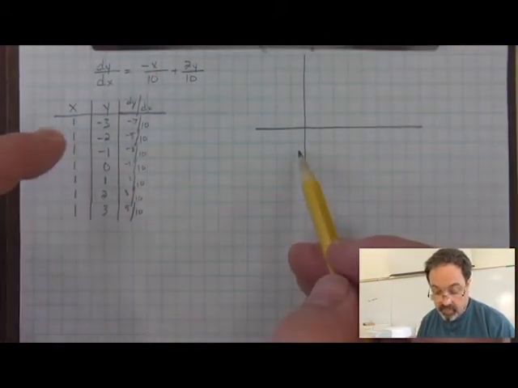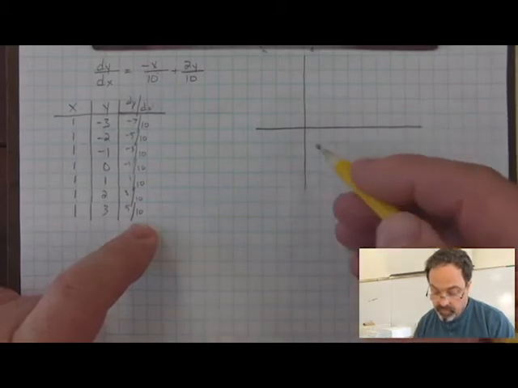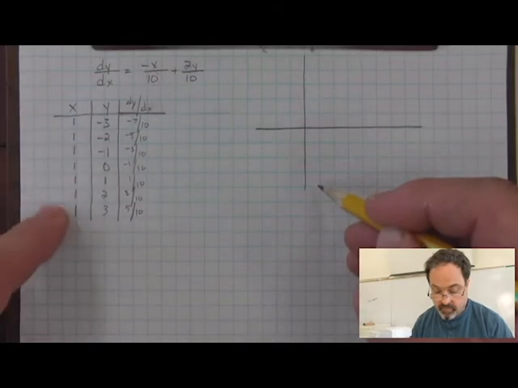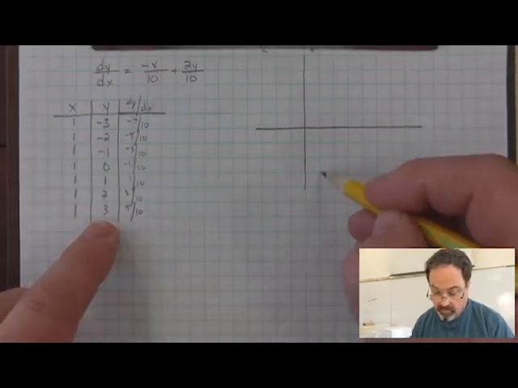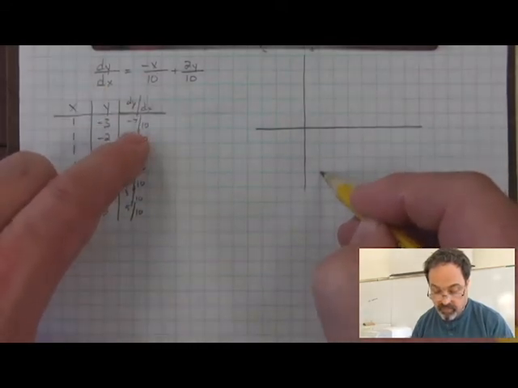Let's plot these derivatives. So what I'm plotting is a column where x is equal to 1 each time. The y value of negative 3 is where we're going to start, and we have a slope of negative 7/10.